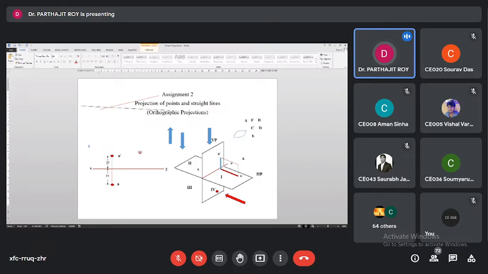Suppose it is 25 millimeter above the XY line and 30 millimeter behind the vertical plane. Okay. So both the views will be coming on the same line. Yes or no? Yes, sir. Okay.